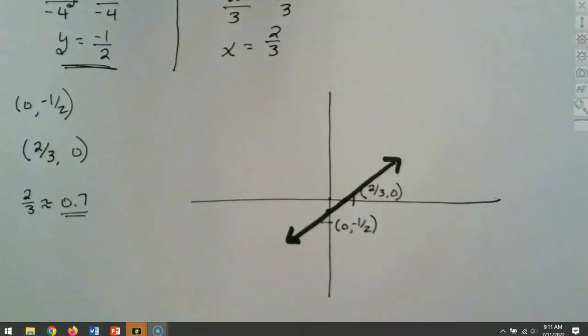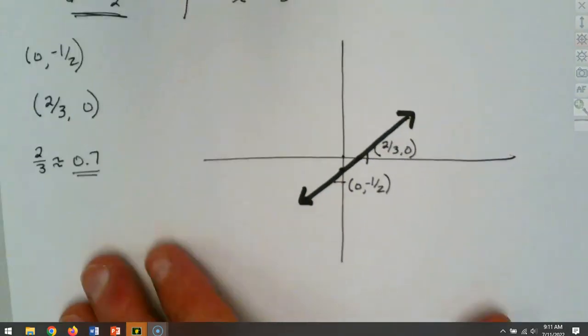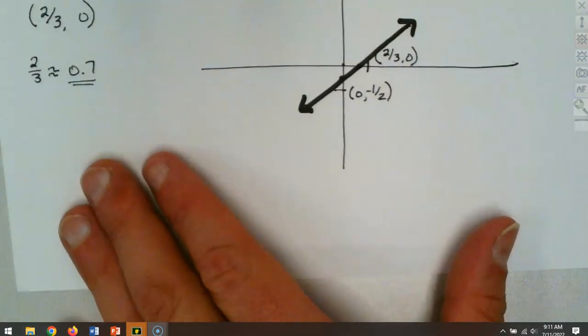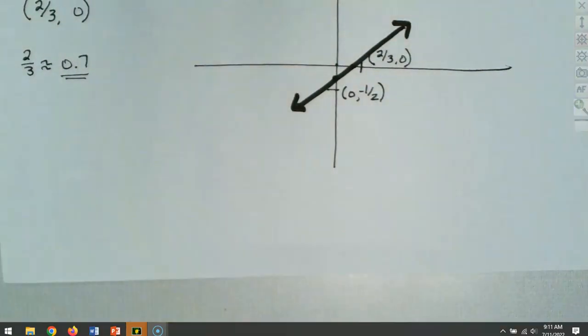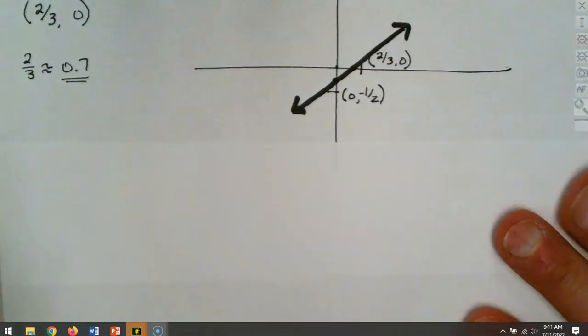Now, what we can do with ordered pairs is we can also find the midpoint, and we can find the distance between two ordered pairs. Now, the midpoint I'm sure you're already familiar with because we did this in previous courses. And it's, again, very, very simple to do.